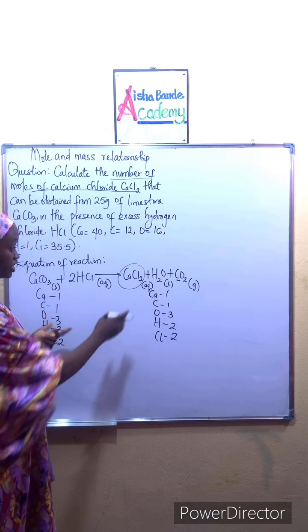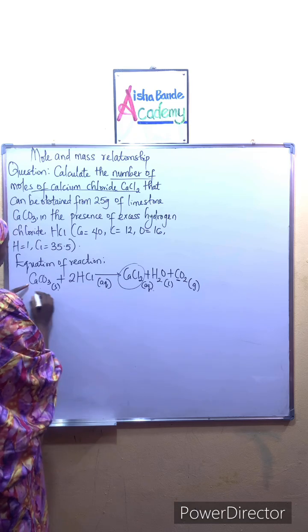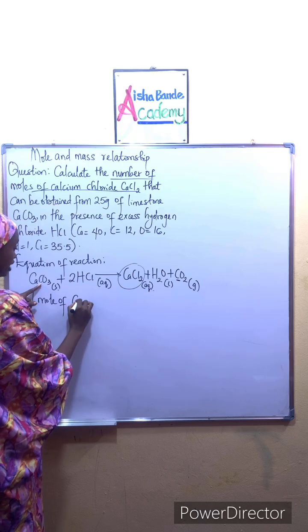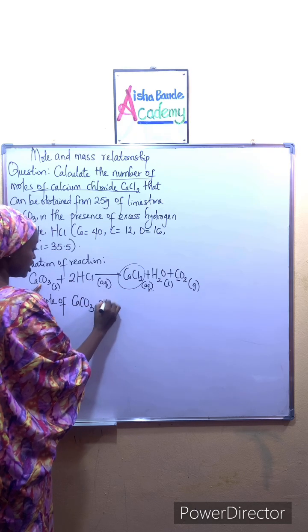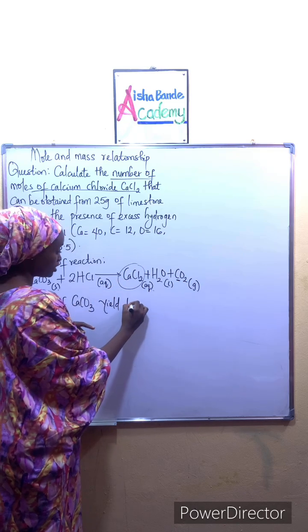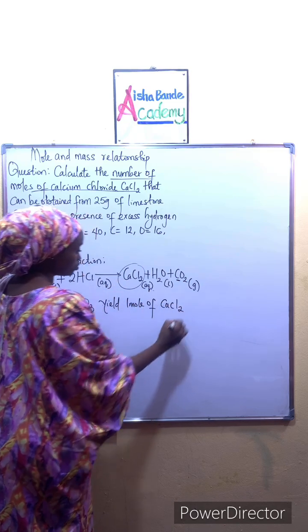So from here now we can move on by interpreting the chemical equation. So from here we can see that 1 mole of limestone, that is CaCO3, yields the product, which is 1 mole of CaCl2. Okay.